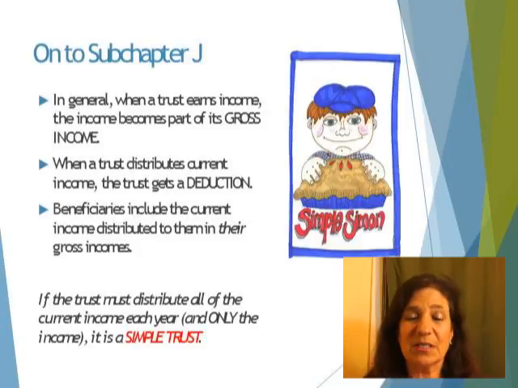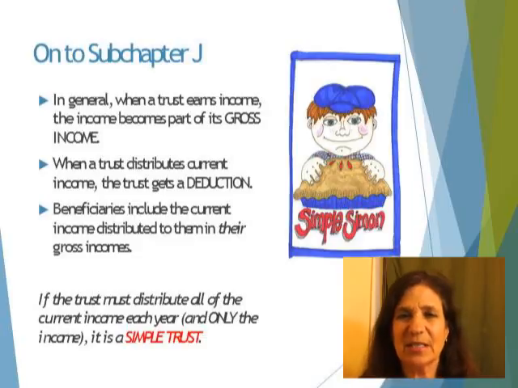And then when a trust distributes current income to beneficiaries, the trust gets a deduction. And the beneficiaries would include the current income in their gross incomes. So that means that a trust that earns income and distributes all of it doesn't actually pay income tax, right? All of its gross income is offset by that deduction for what it pays out to the beneficiaries.